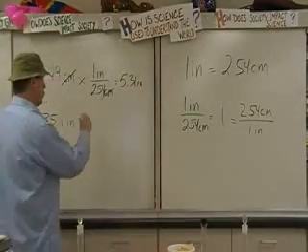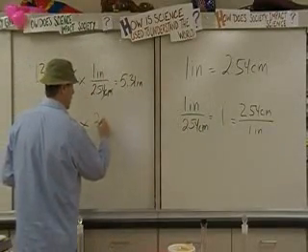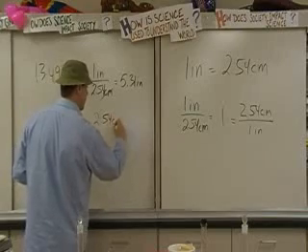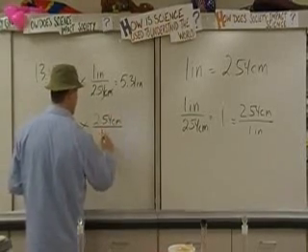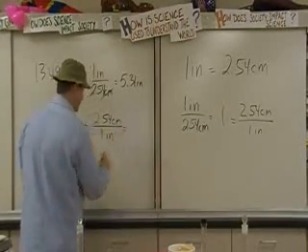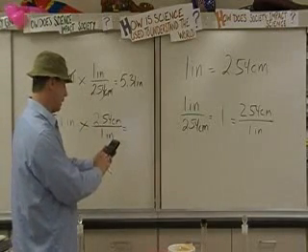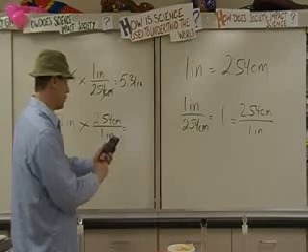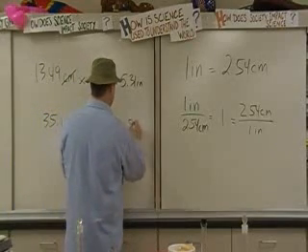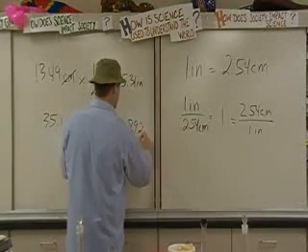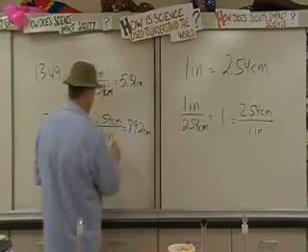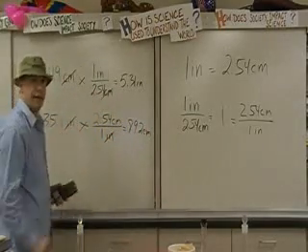So in this case, we'll do centimeters on top because that's what I want. 2.54 centimeters divided by 1 inch. And the answer, my friends, is quickly gotten on the calculator. 35.1 times 2.54 equals 89.2 centimeters because the inches have factored out.